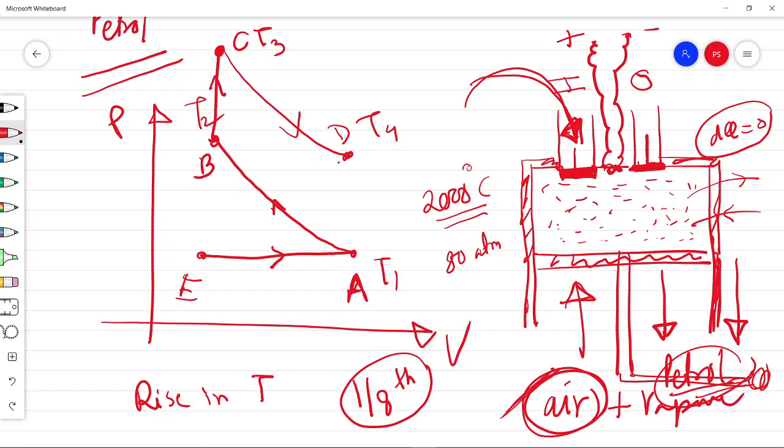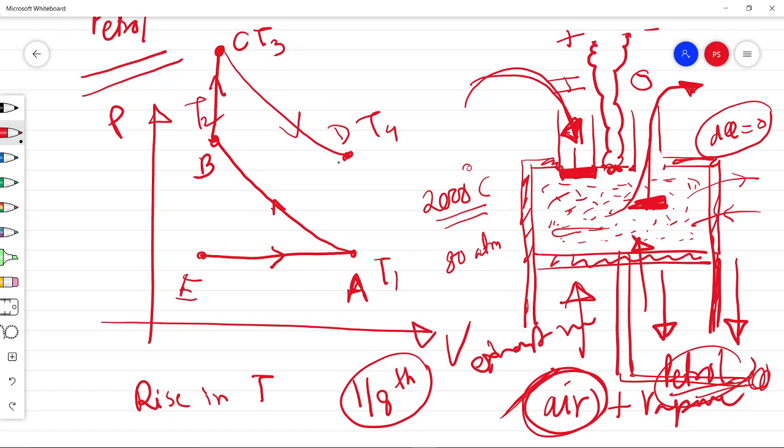For that, now a mechanism opens this outlet valve, and the piston is moved upwards so that this burned mixture is released as an exhaust gas from this outlet valve. Again, since the piston is moving, it is called exhaust stroke.